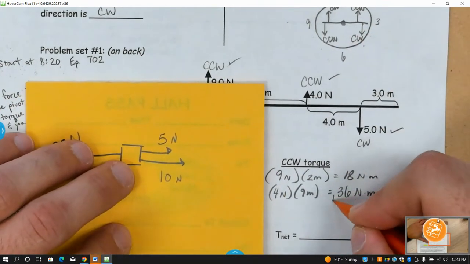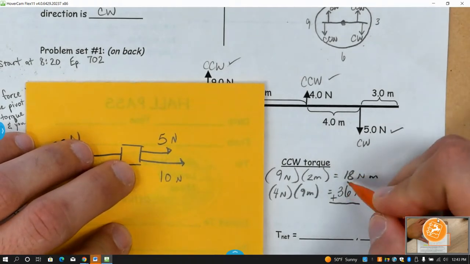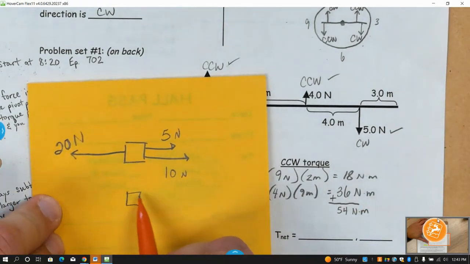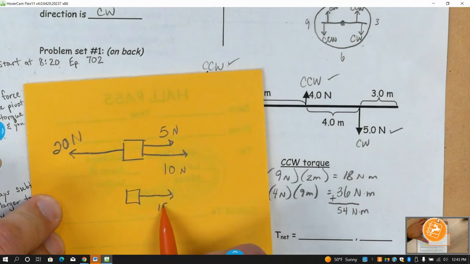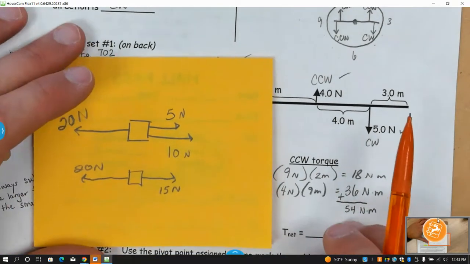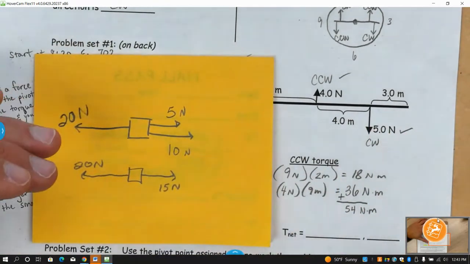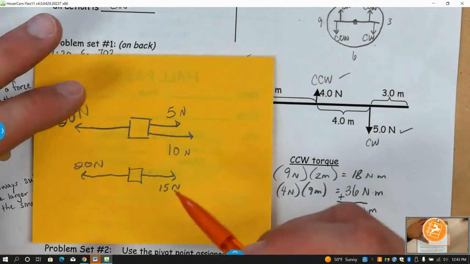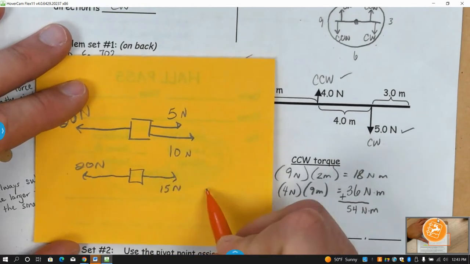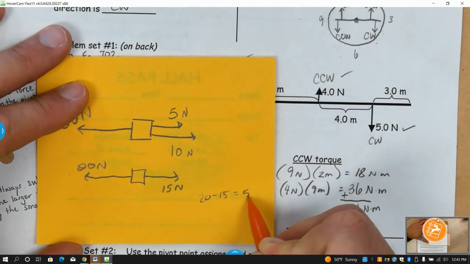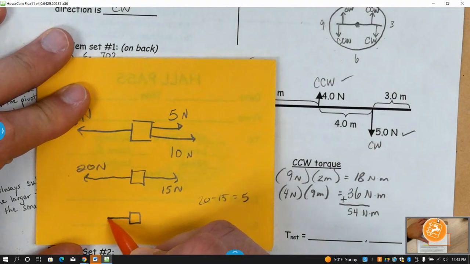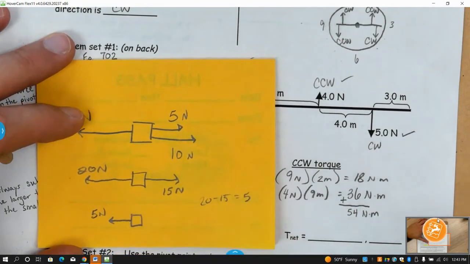Same direction, we add them, and that comes out to be 54. If we simplified this, you'd have 15 newtons this way and 20 this way. If forces are in opposite directions, we subtract to find the net. You always take the bigger number minus the smaller number. So what's 20 minus 15? We said 5. And the direction would be to the left, because the left side had the greater magnitude.